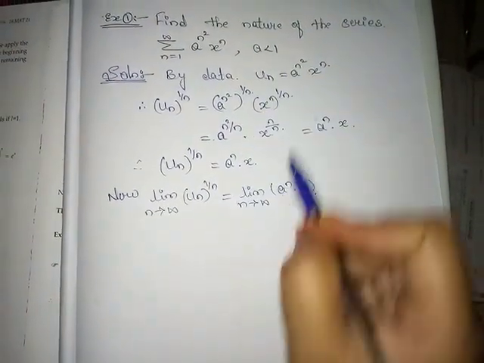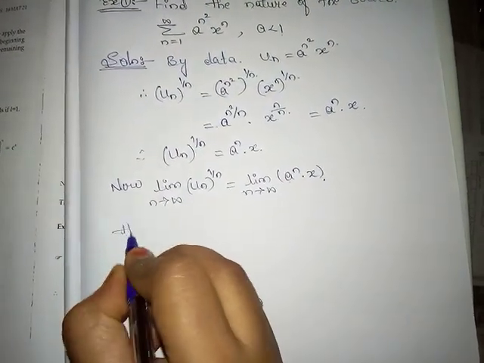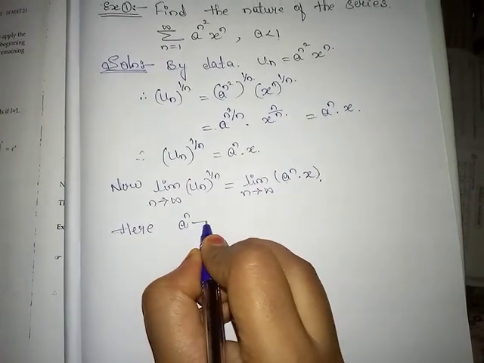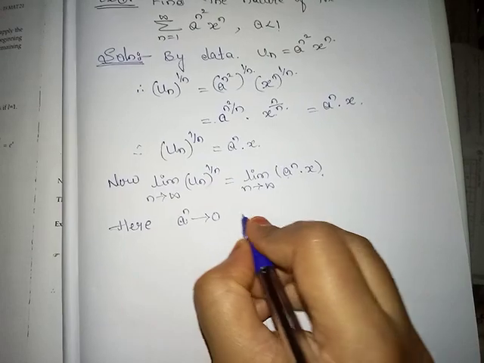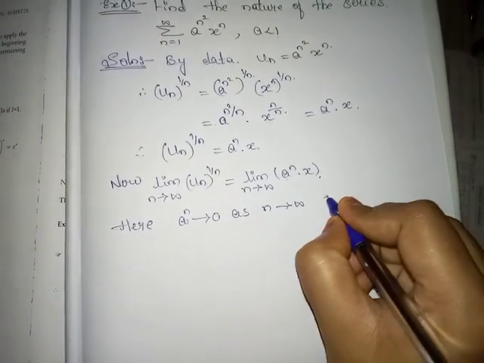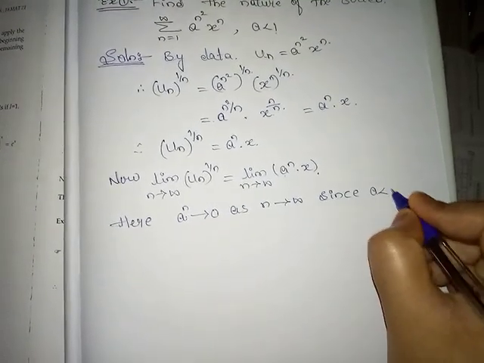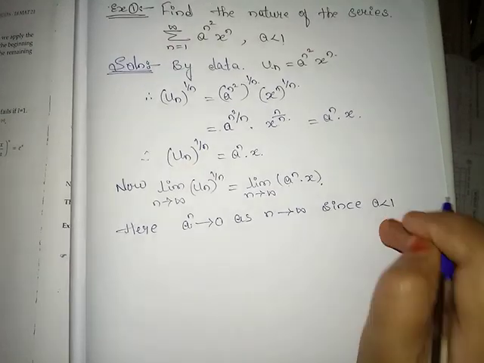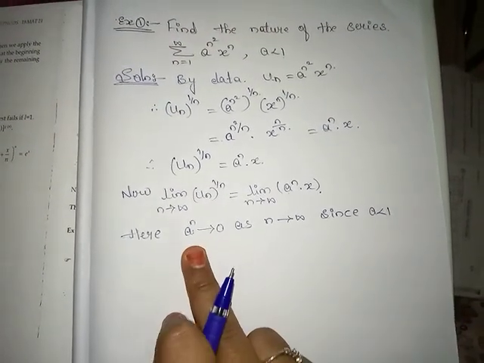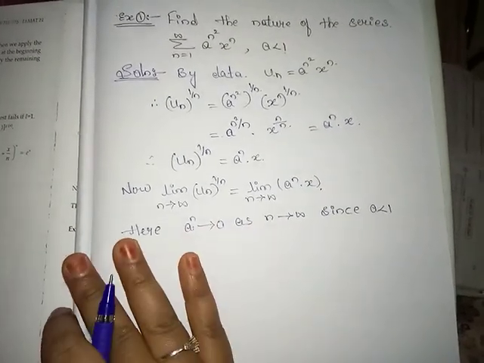Therefore a raised to n tends to 0 as n tends to infinity, since a is less than 1. Remember this, if a is less than 1, a raised to n tends to 0 as n tends to infinity.